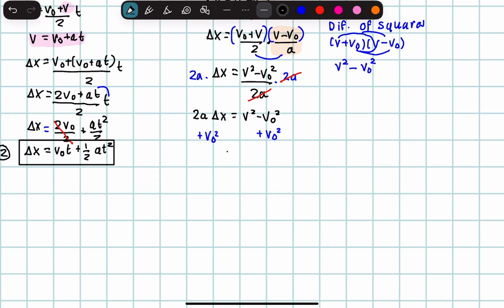So you're just left with v squared is equal to v initial squared plus 2 times the acceleration times x minus x initial. And this is your third kinematic equation.